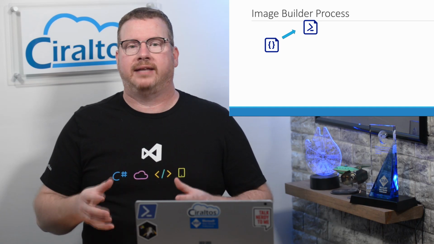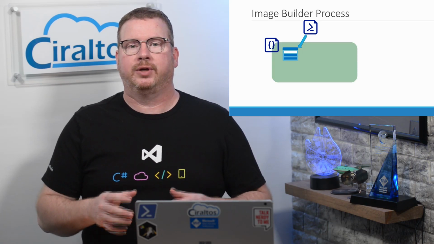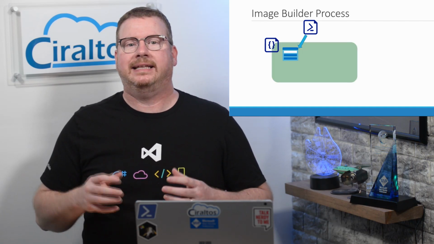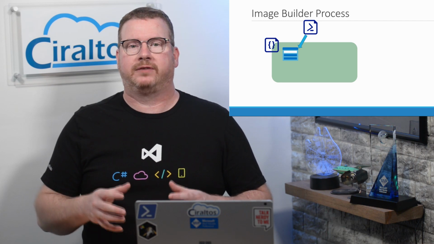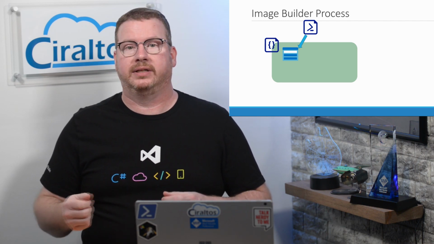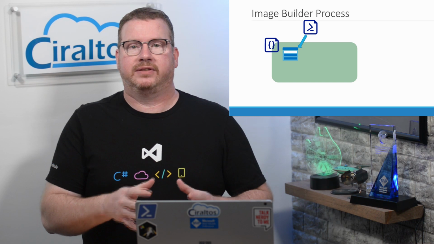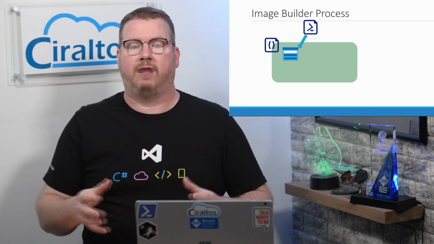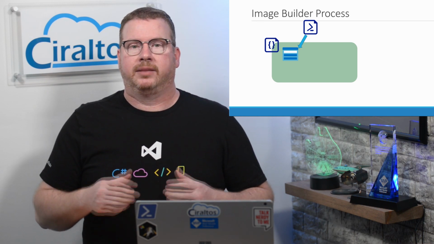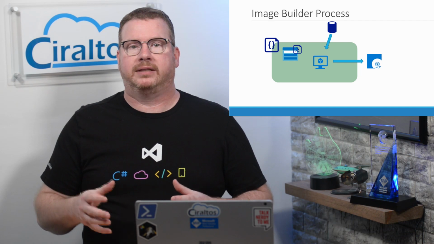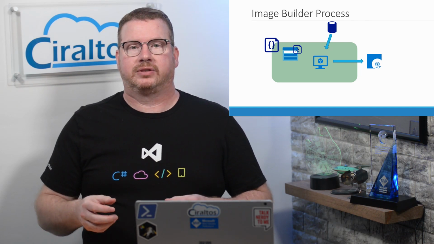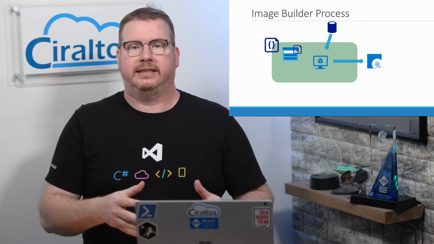When we deploy the template, it creates a resource group with a storage account in it. It then downloads any scripts referenced in the template to that storage account. That local copy of the script is then used for all future builds. The process continues on by building the VM, downloading external content, and then outputting the image.